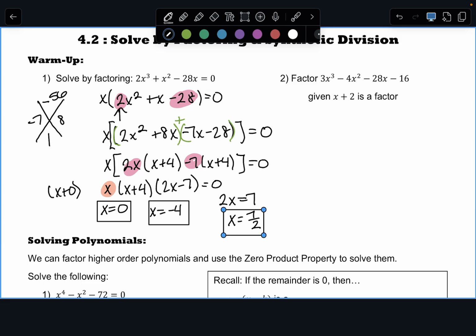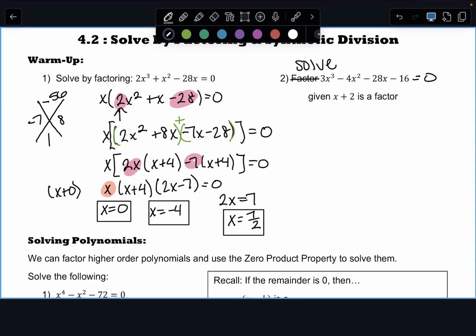Okay. The next one, I'm going to reword this a little bit. Instead of factor, we're going to say solve the equation when it's set equal to 0. Okay? So this more leans into stuff that technically we're doing today, but I introduced it last week.